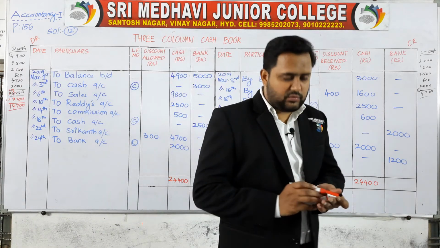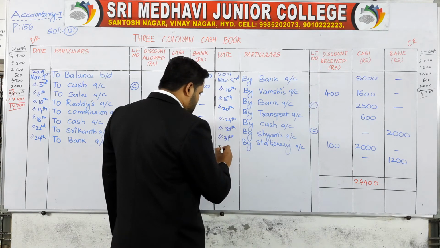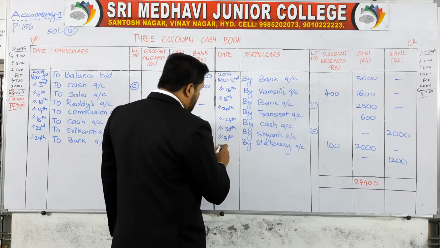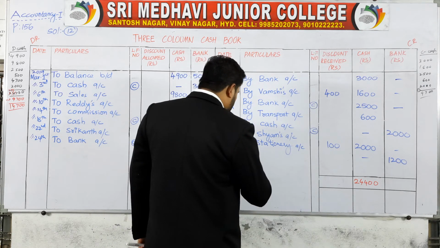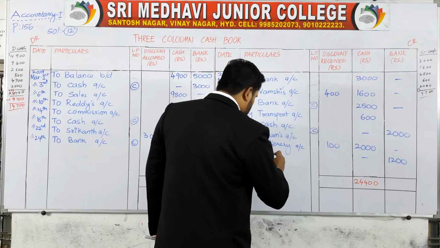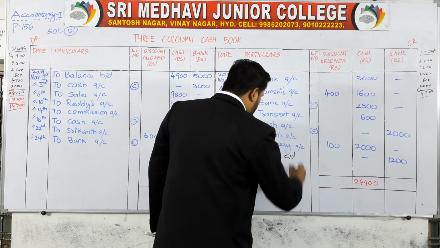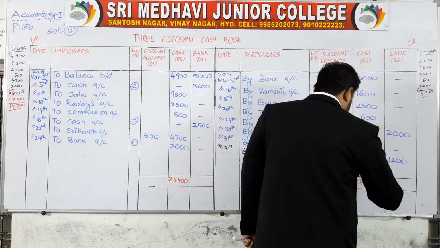So the answer is 14,700. How are you going to write? The last date is 31st March, by balance carry down, how much? 14,700.